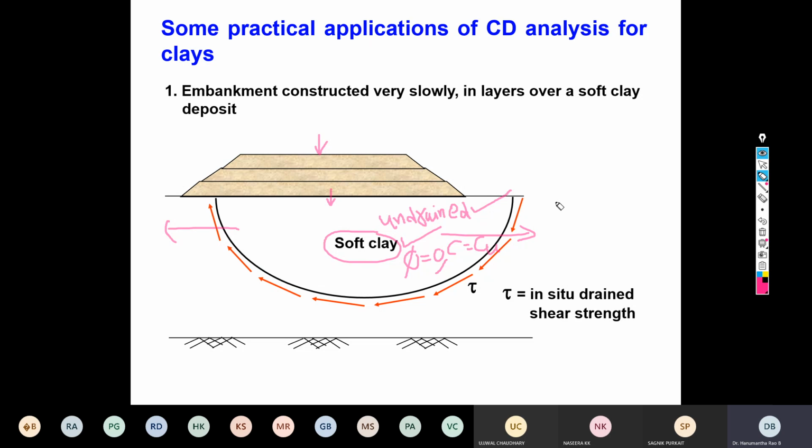The shear strength that is developed only because of the load shared by water is called the undrained shear strength. Now, as the water starts expelling from the soil sample, or as the consolidation takes place, there is a shift in the load transfer from water to the soil particles. But this is a time-bound phenomenon.